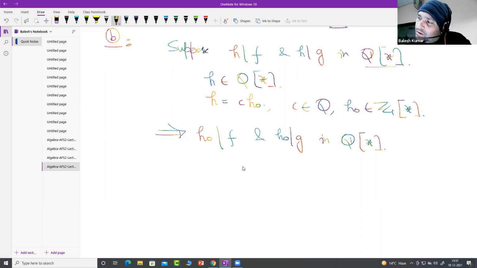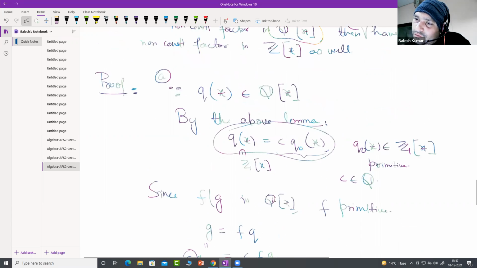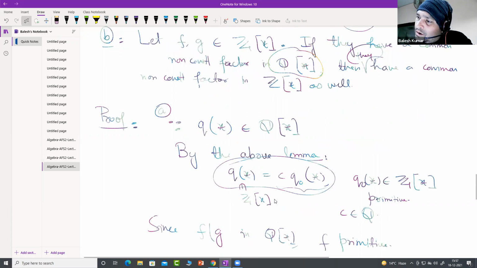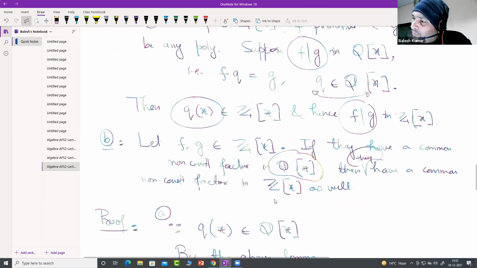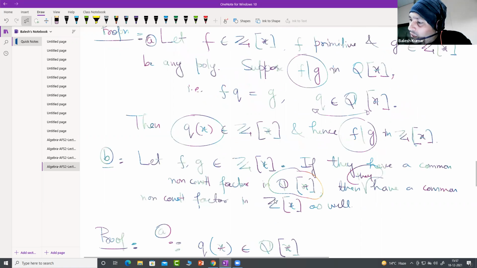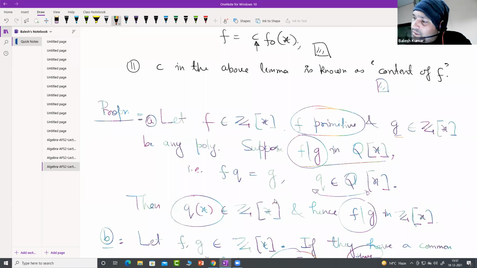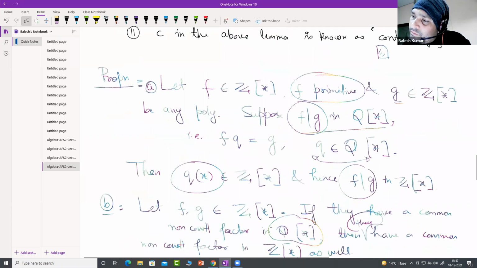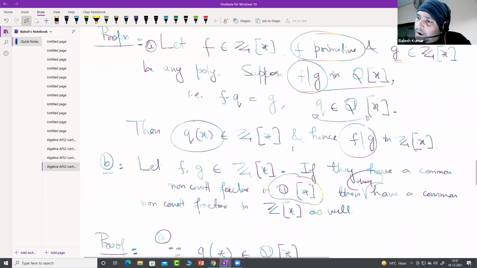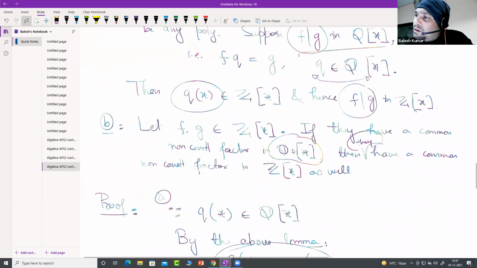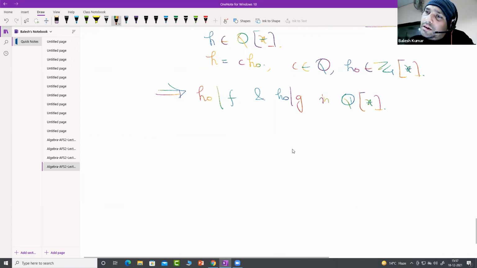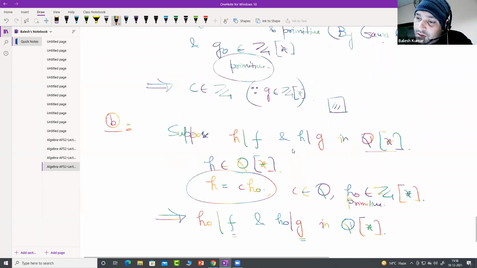Part A has the condition that if you have a primitive polynomial and an integer polynomial, and the divisibility happens in Q[x], then it is in fact in Z[x]. We are given that h0 is primitive, by the very way we wrote it, and f and g are integer polynomials by the hypothesis.